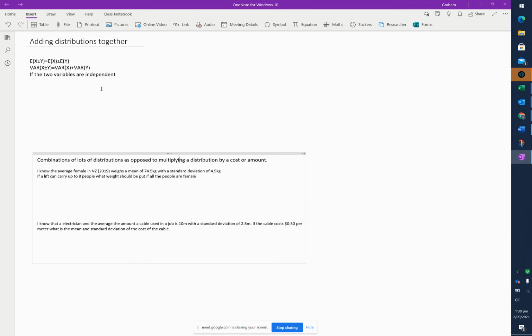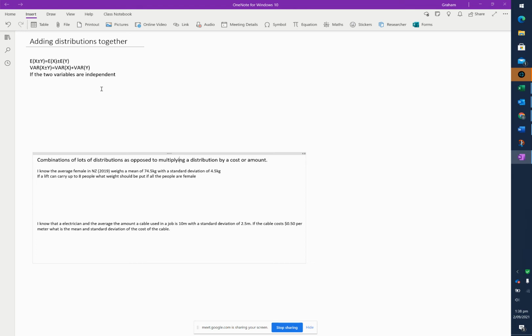And we knew when we multiplied by a constant, it multiplied the mean. And then when we worked out the standard deviation, if we added on, it didn't change the standard deviation. But if we multiplied, it changed the standard deviation.